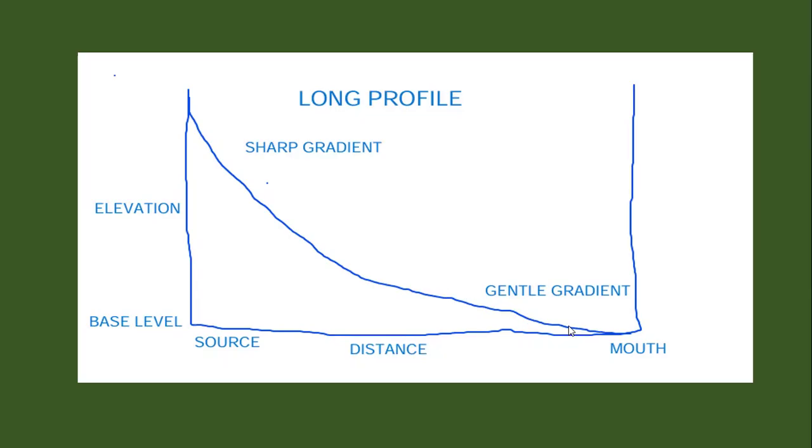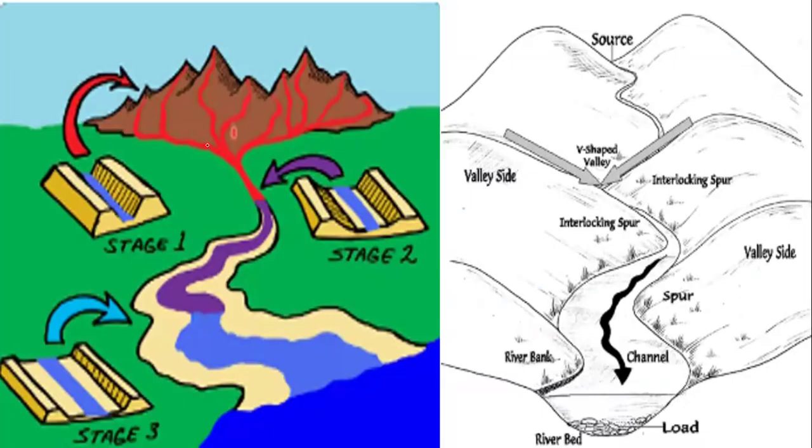In its upper course, the river's velocity being high, it is involved in vertical erosion. Reaching its middle course, speed decreases as the gradient is gradually low.